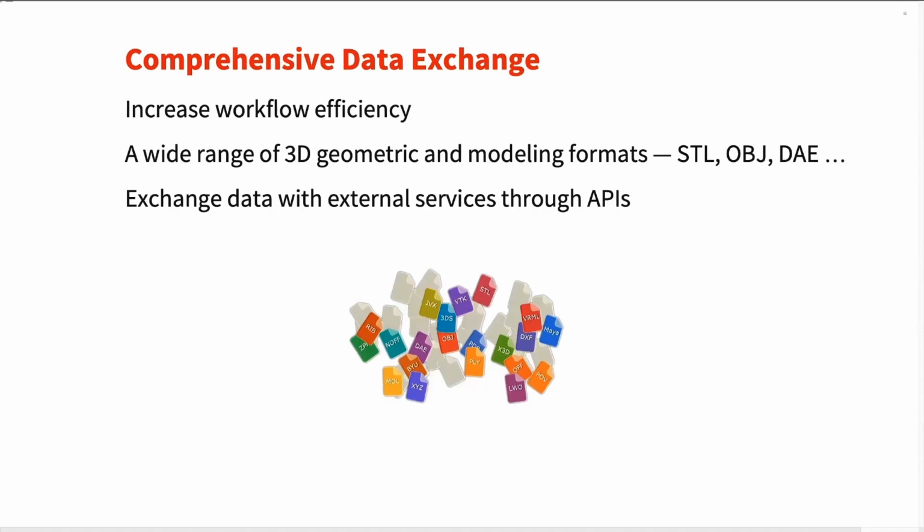You can also increase your workflow efficiency by importing geometric regions and by exporting your work in a wide range of 3D geometric and modeling formats, including STL, OBJ, and DXF.